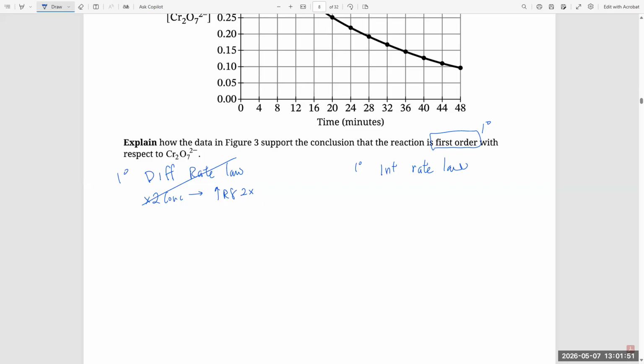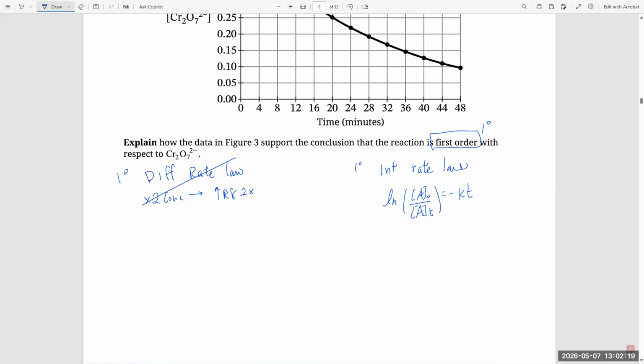So the equation that I use is the natural log of concentration of A naught over A sub t is equal to negative kt, okay?